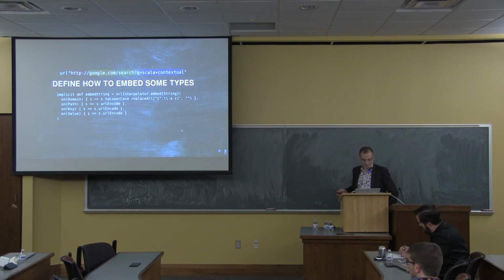Now, it's pretty safe to URL encode things in path, key, and value context. But a domain can't contain, for example, a percent sign, which will potentially be involved in a URL encoded version. So there's no canonical way to convert an arbitrary string to a domain name, but all I say is we just replace all of these non-alphanumeric characters.